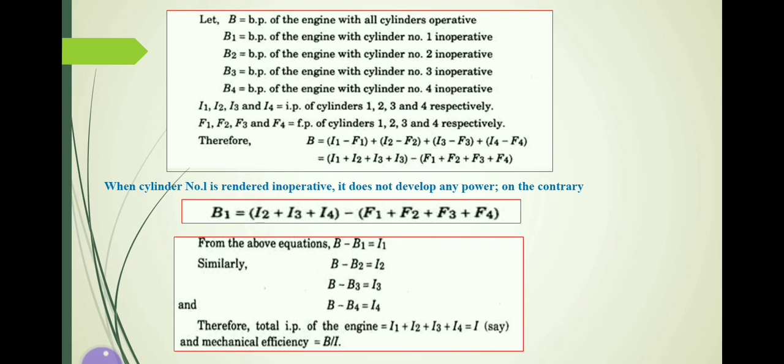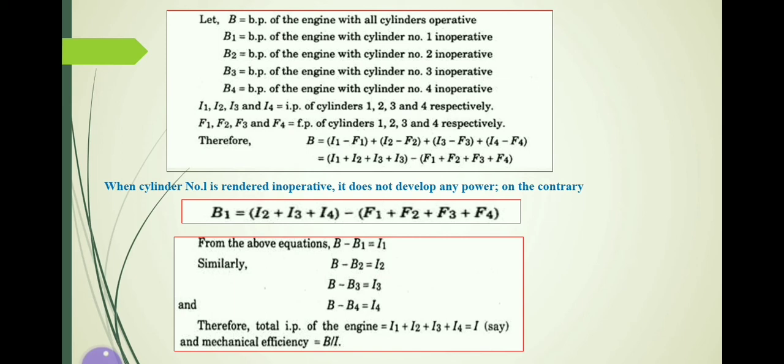So B1 equals I2 plus I3 plus I4 minus (F1 plus F2 plus F3 plus F4). Here F1 will not be 0, because the engine is still running but power is not produced. Friction still occurs inside cylinder number 1. That's why indicated power will be 0 but friction power is not 0; it remains the same.